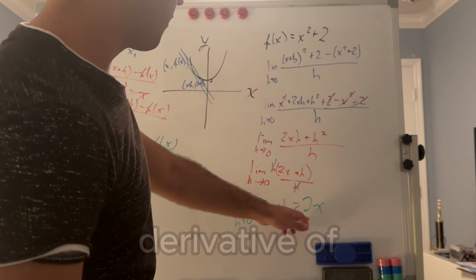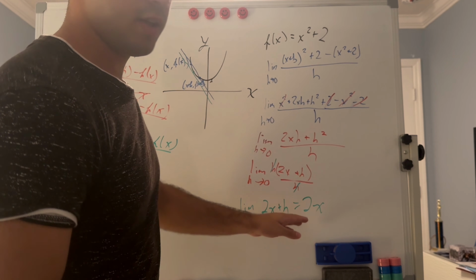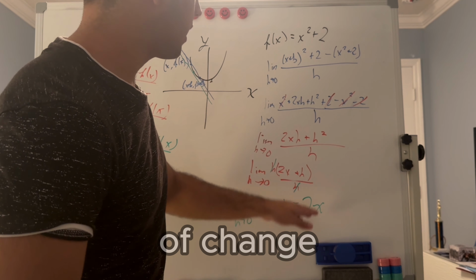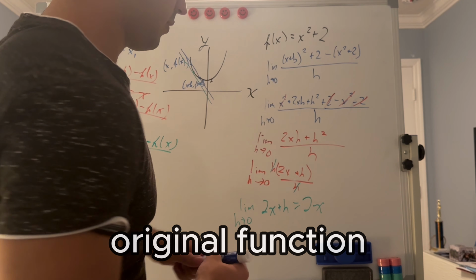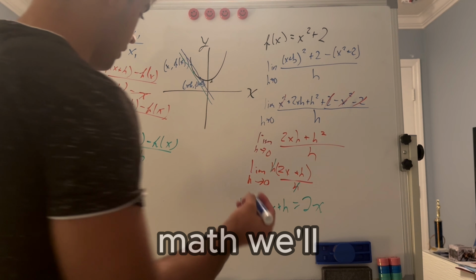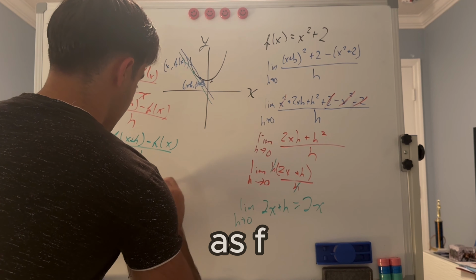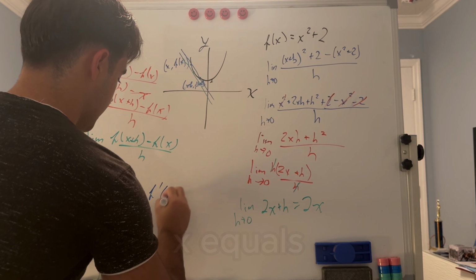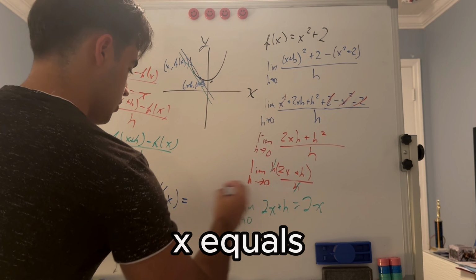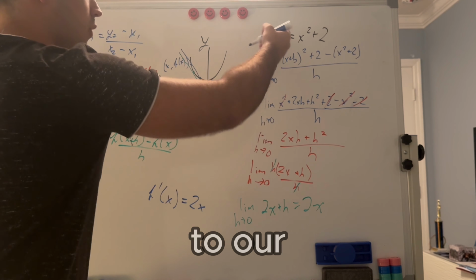This is also the derivative of our function, meaning that this represents the rate of change of our original function. And in math, we'll denote that as f prime of x equals 2x in comparison to our f of x.